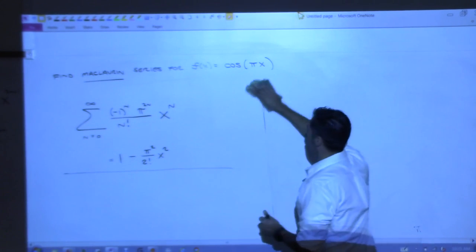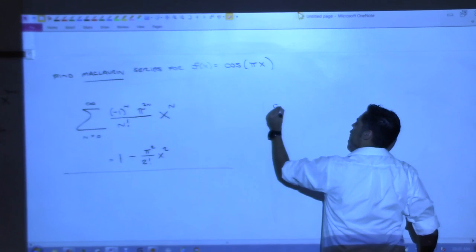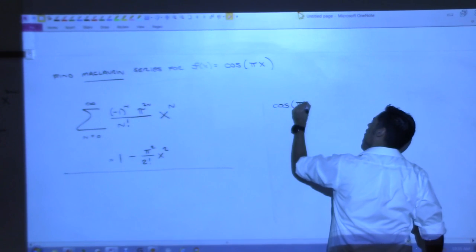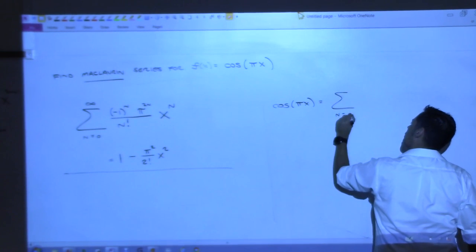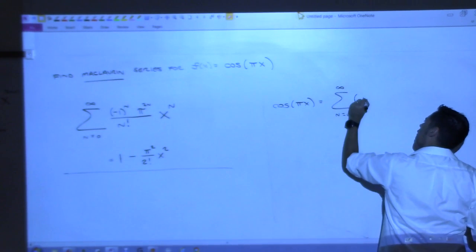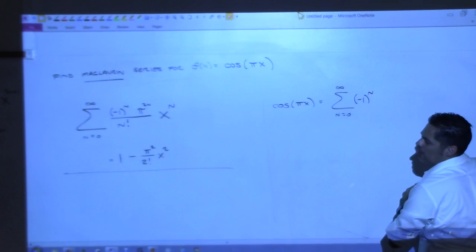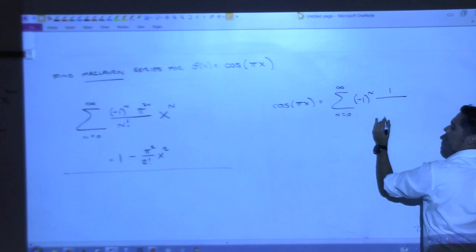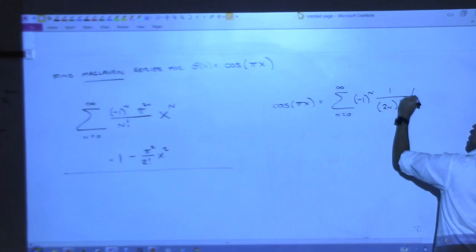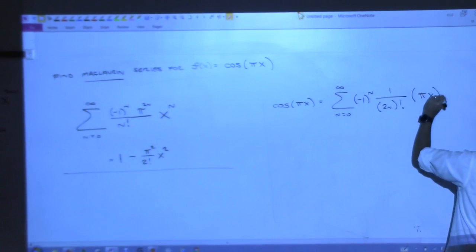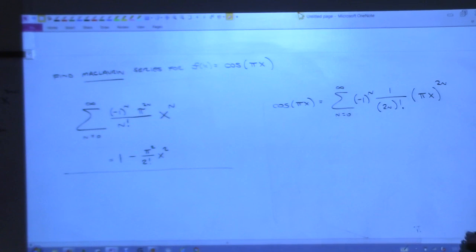So if I do, using that, cosine of pi x should be the sum n equals 0 to infinity, negative 1 to the n, and then 1 over 2n factorial, and then pi x to the 2n, right?